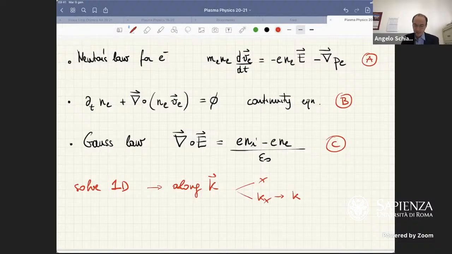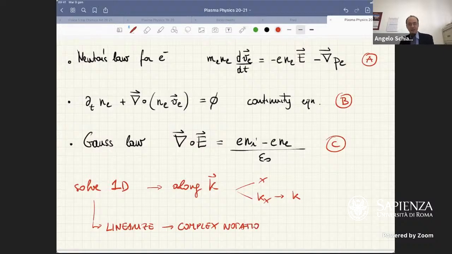Okay, and we solve for 1D, and we look for a linear solution. So we linearize: we expand around an equilibrium state, and then we move to complex notation in order to change differential operators into multiplications. Okay, this is the plan. So first of all, let's linearize in 1D.